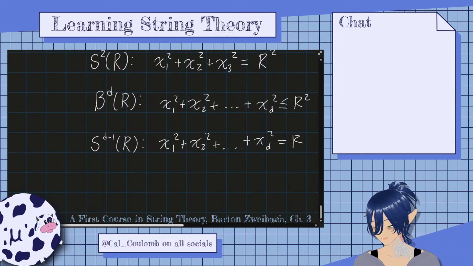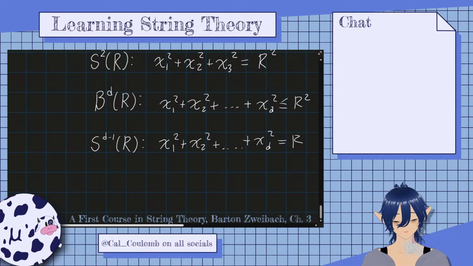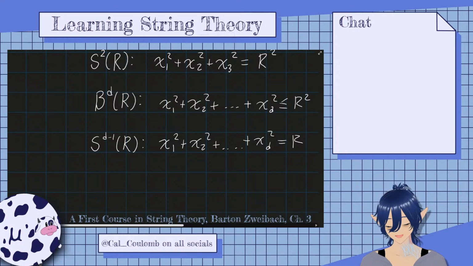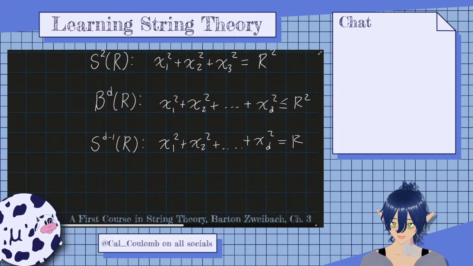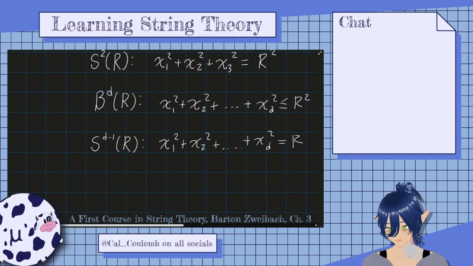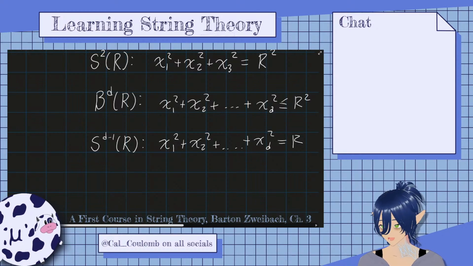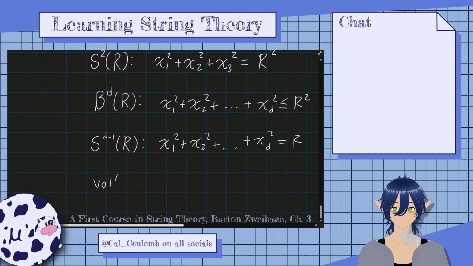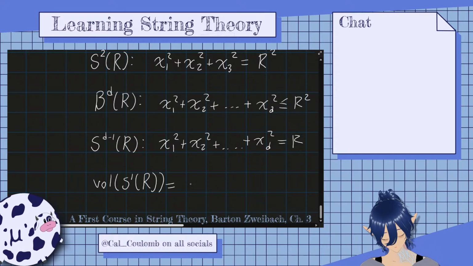All right. One last piece of terminology. To avoid confusion, we will always speak of volumes. If a space is one-dimensional, we take the volume to mean length. If a space is two-dimensional, we take the volume to mean area. All higher dimensional spaces have just volumes. The volume of S1 of r is equal to 2 pi r.